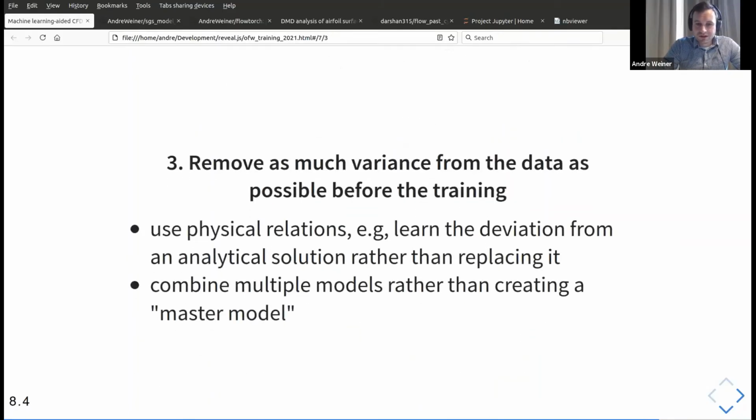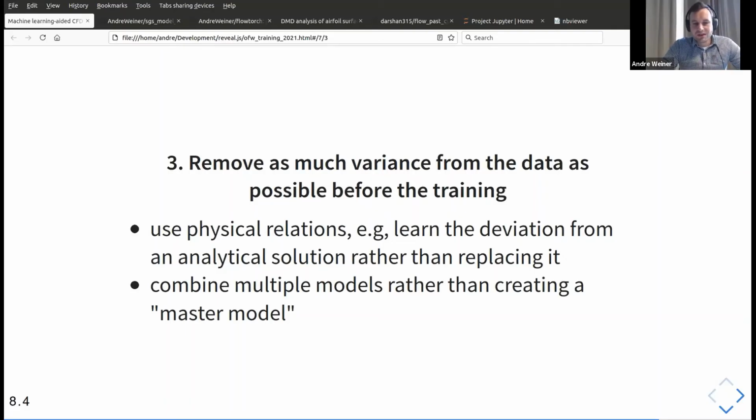All right, another point here: remove as much of the variance from the data as possible before you start the training. One example would be, if you just learn relatively simple functions, you know that your analytical or asymptotic solution is rather limited, and now you want to replace it with a machine learning model.